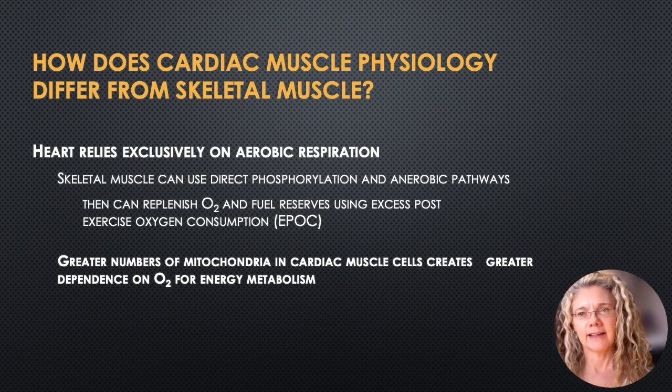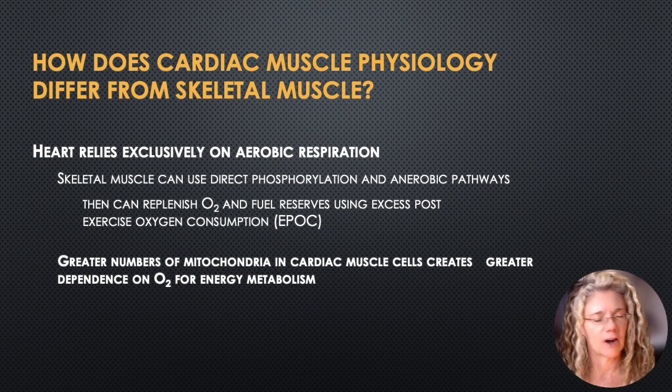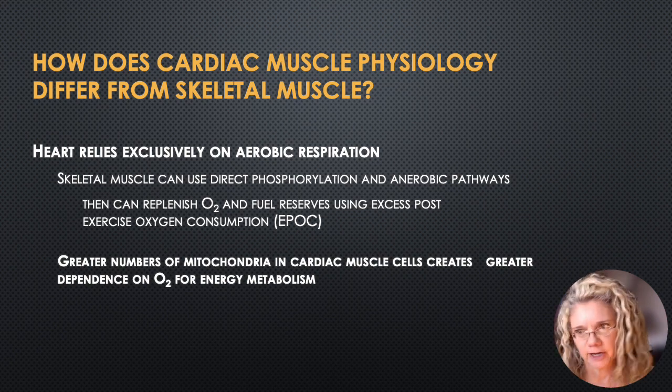Now, I alluded to this a few minutes ago. Our heart relies exclusively on aerobic respiration, meaning the heart has to have oxygen. Because cardiac muscle has so many great big mitochondria, this tissue is completely oxygen dependent for its metabolism.